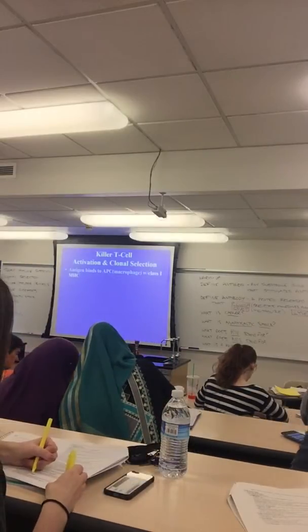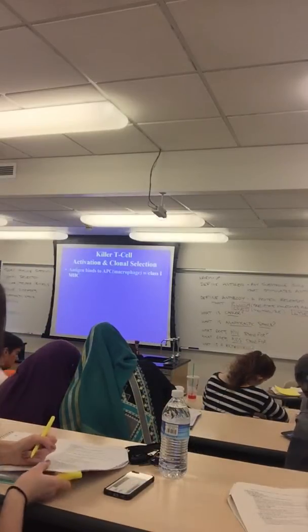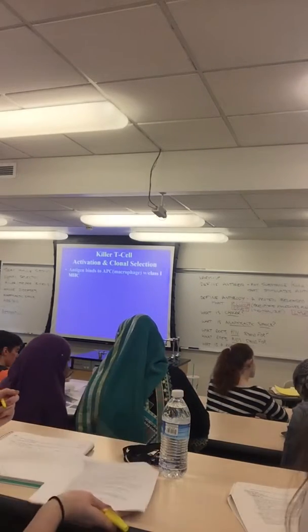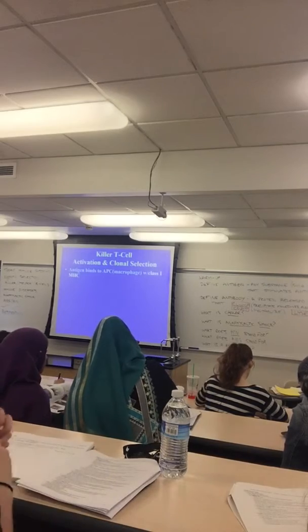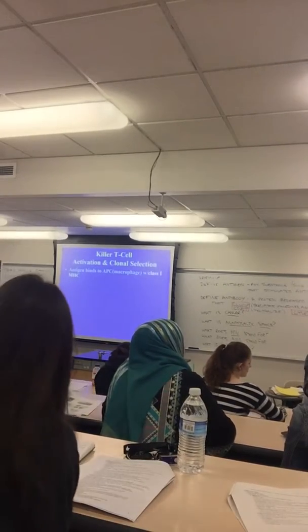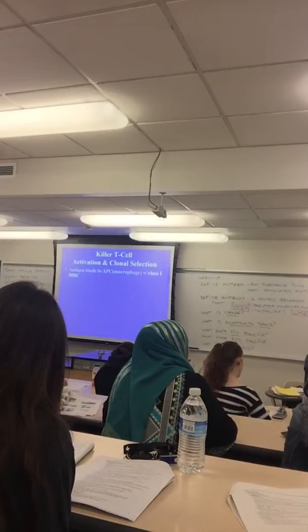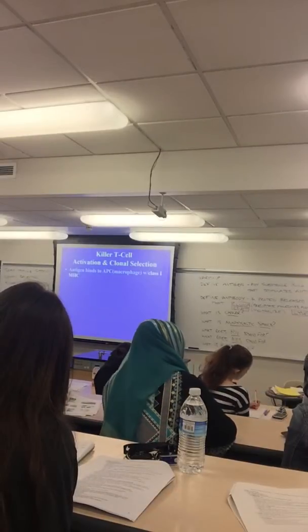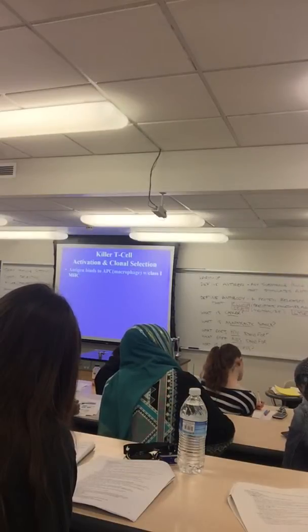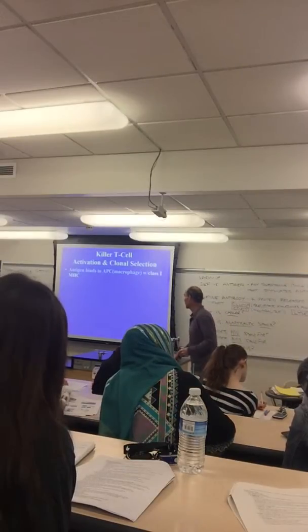You don't necessarily have to have an APC in the B cells. And I'm going to say with what class of MHC? And sometimes you use Roman numerals, like class I MHC, right? So make sure you distinguish that. You're going to have to remember which one's class 1, which one's class 2.